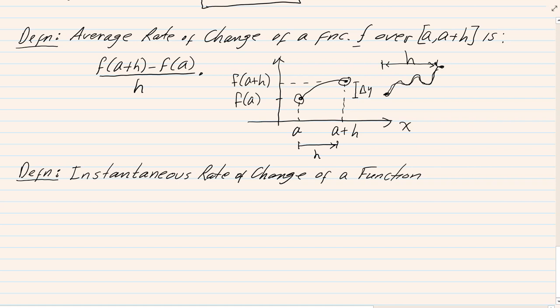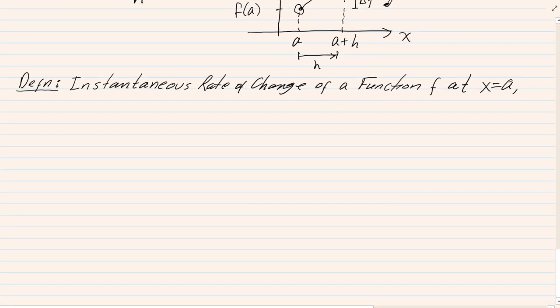Now, this would be a function f at x equals a. Okay, so this instantaneous rate of change means change as it reads, the change in an instant of time.